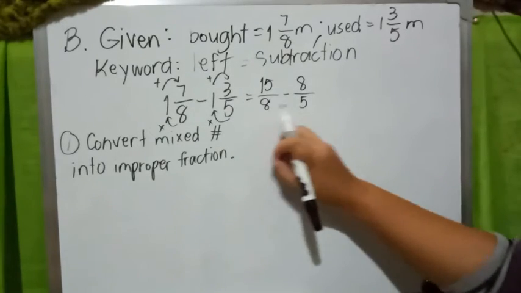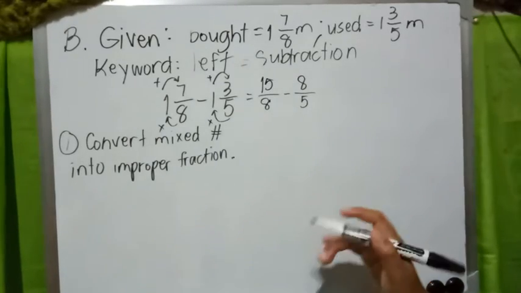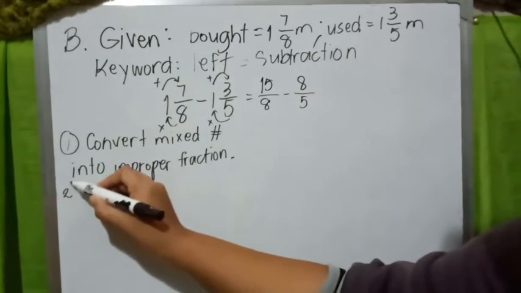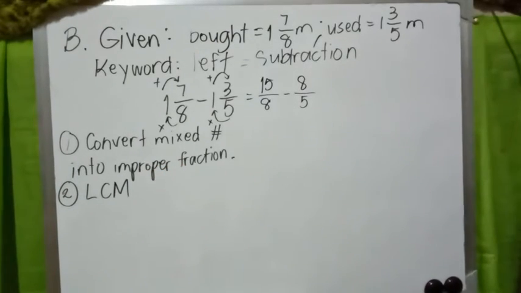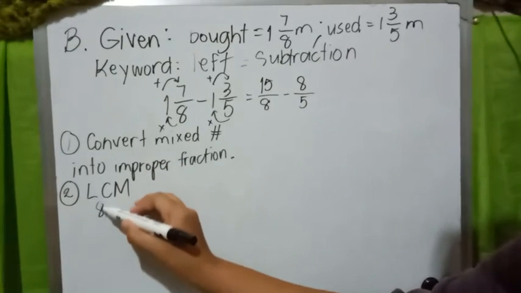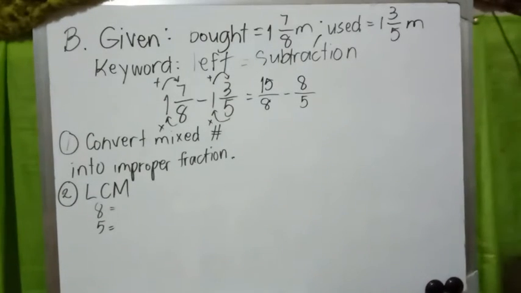So what is the first thing we need to do? Because it is unlike fractions, we need to find the least common multiple.